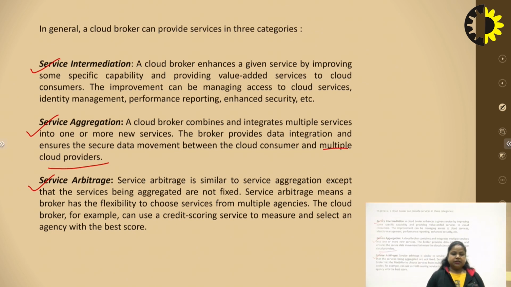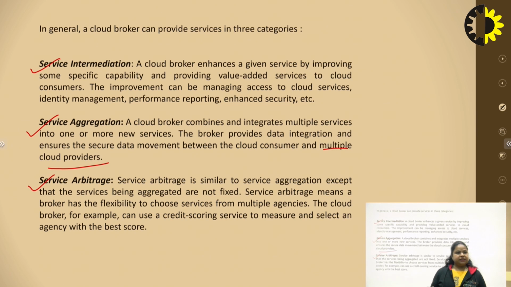Just for example, if I'm taking services from 5 cloud providers, it is the responsibility of the broker to take the services from all the 5 cloud providers, combine them, and make a platform easy for the user or the consumer so that they can easily use the services.